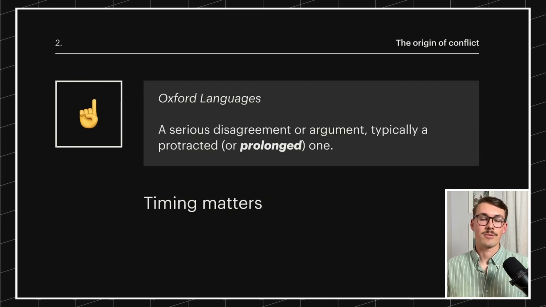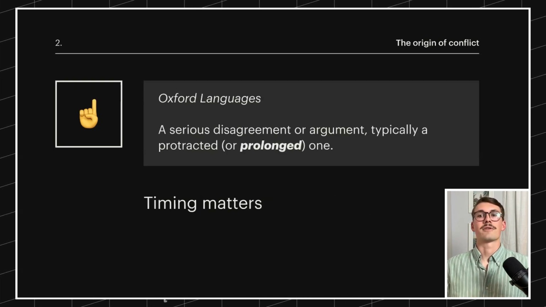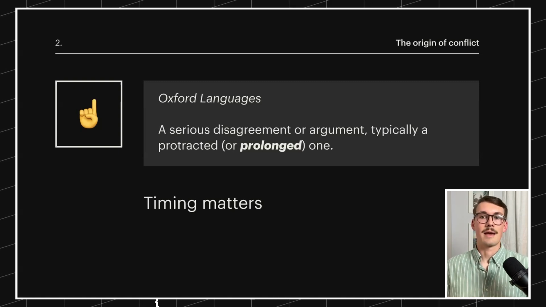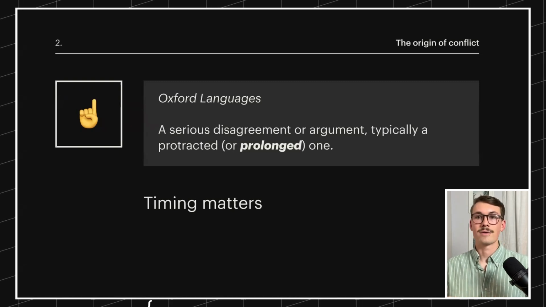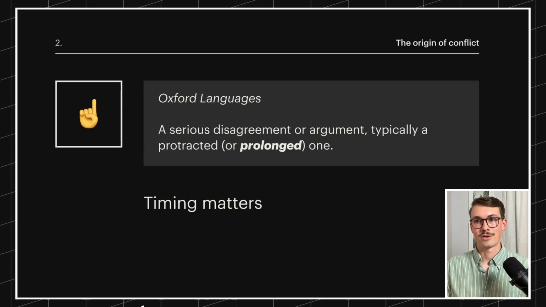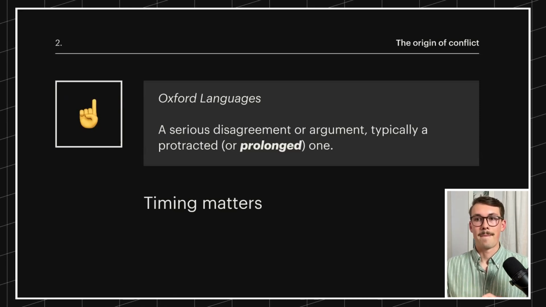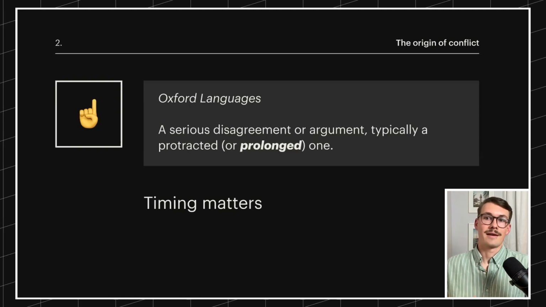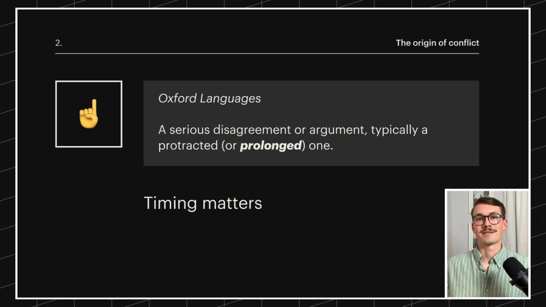That next definition from Oxford Languages, they define conflict as a serious disagreement or argument, typically a protracted or prolonged one. So it's talking about time. It's not just about the existence of a disagreement or an argument. It's about how long that disagreement or argument has been left unsettled.